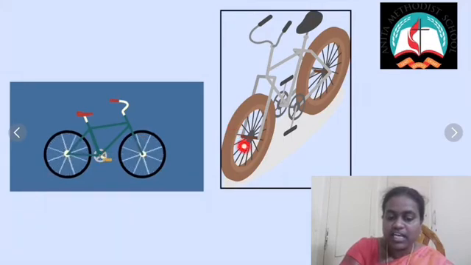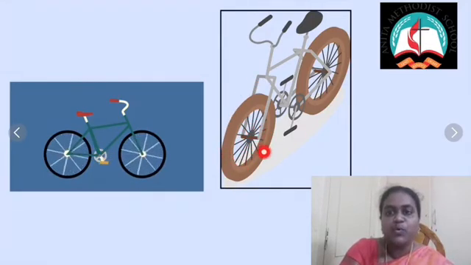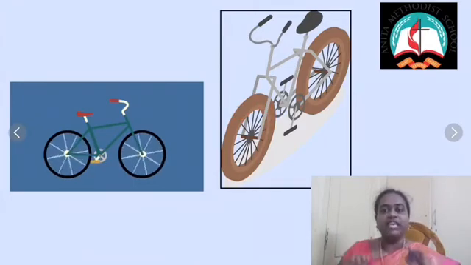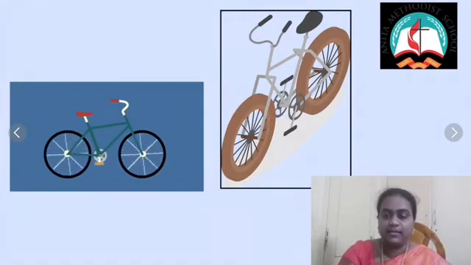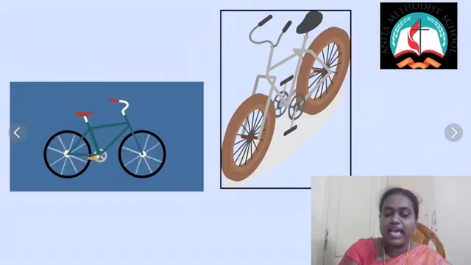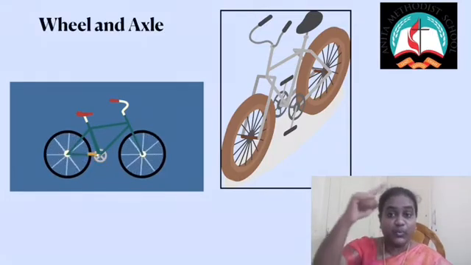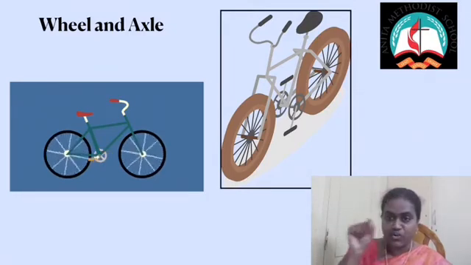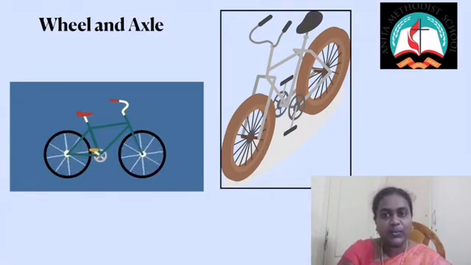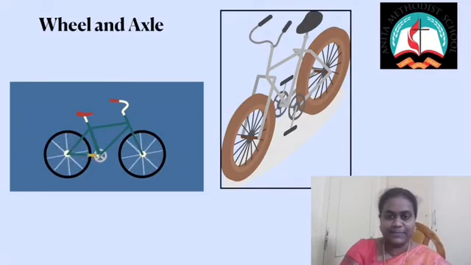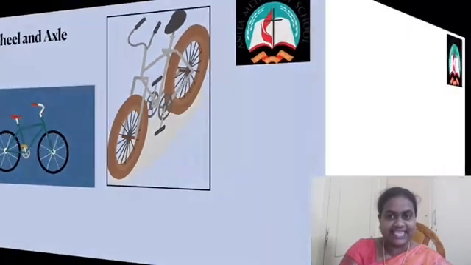This rod and this wheel move together when we pedal the cycle. So this is called a wheel and an axle. The wheel of the cycle and the rod is called a wheel and an axle. Next type.